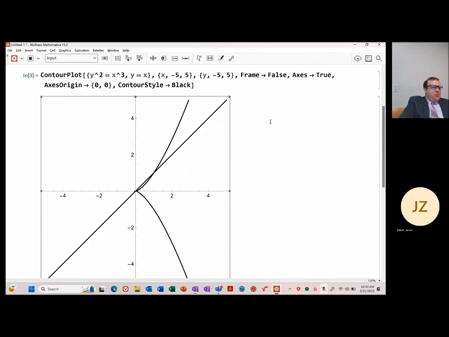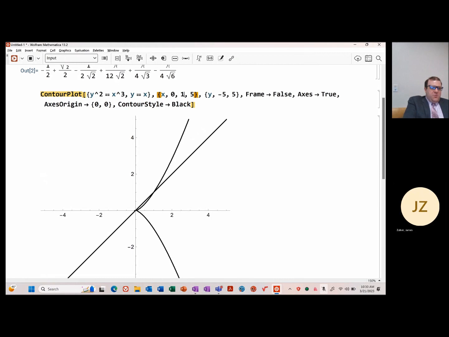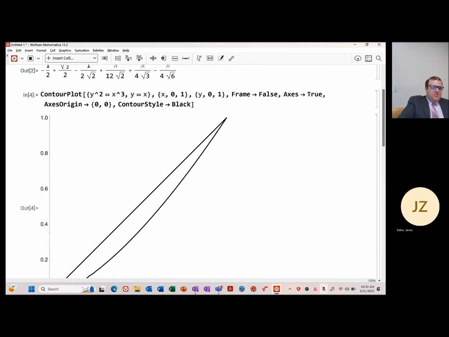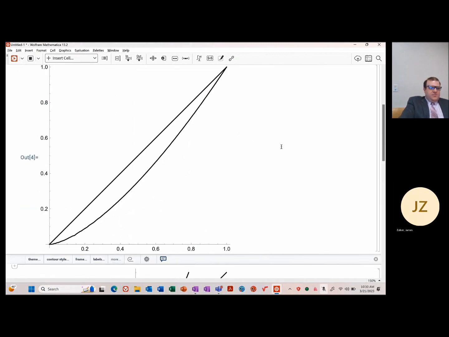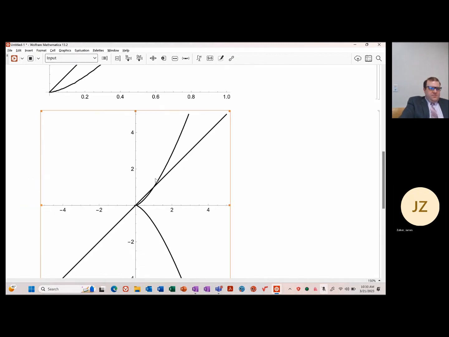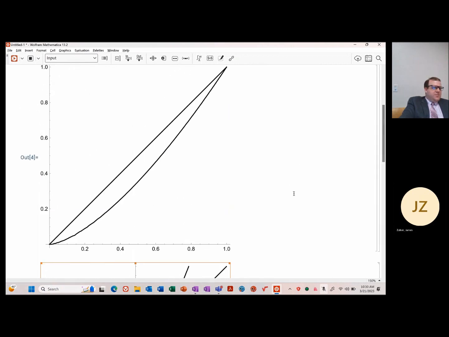So what I'm going to do, it's probably 1, 1. It has to be 1, 1. I'm now going to go back and change this viewing window to 0 to 1.